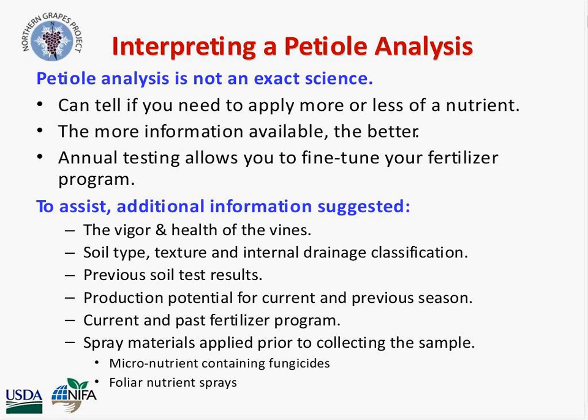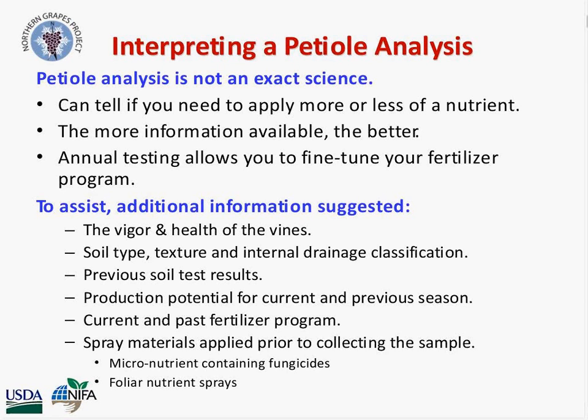If you want someone to interpret this, we suggest providing the health and vigor of vines, the soil texture, internal drainage classification, previous soil testing results, crop load for current and previous seasons, current and past fertilizer programs, and materials applied prior to collecting the sample, such as micronutrient-containing fungicides. This is a really important one to let the person know, and of course, any foliar nutrient sprays as well.